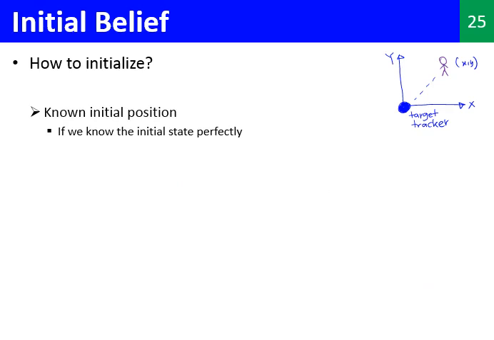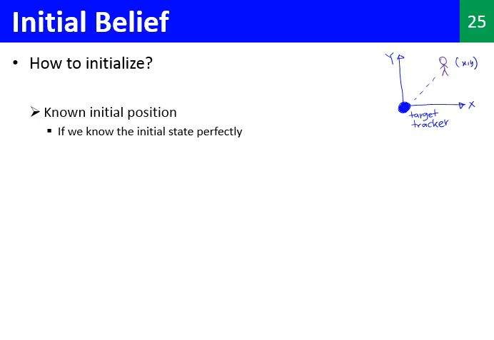There can be rare situations where we might know the initial position. In that case, if I ask you to populate sigma naught, the initial state covariance matrix, how would you do that? We know the initial position means there is no uncertainty, right?